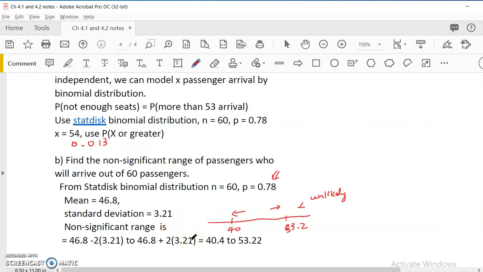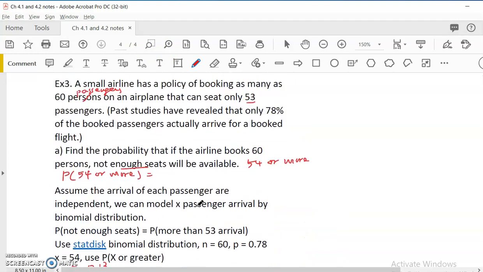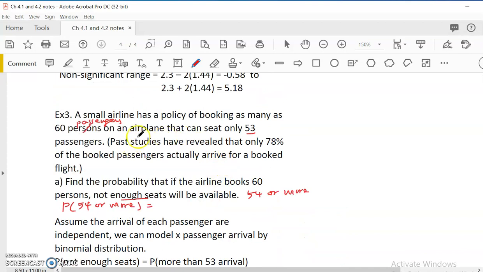So you can use the binomial distribution parameters to figure out whether a particular policy works or not. This is a useful application of the binomial. The same application can be used to plan, for example, on an airplane. You know that a certain percentage of people like vegetarian food, or a certain percentage of people like to choose beef versus chicken.